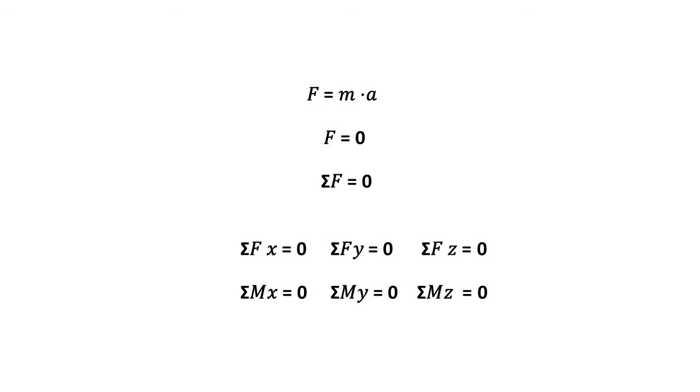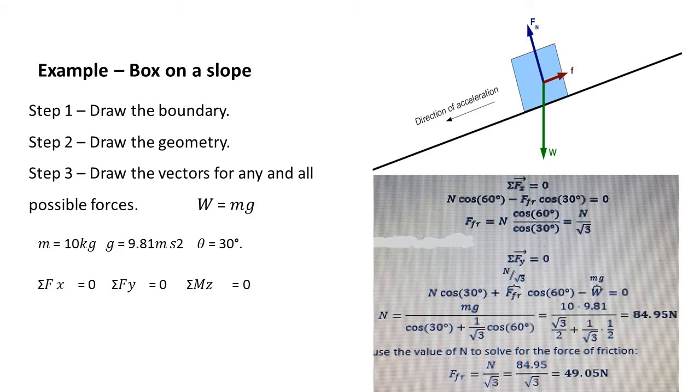The next step is to notice that the vectors are 3D. So we have x direction, y direction, and z direction. And in all of those directions, our total force must be equal to 0. That gives us 3 equations to use for any situation. What about rotation? Static means no rotation either.